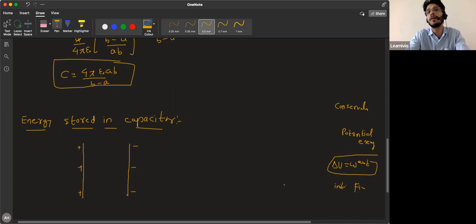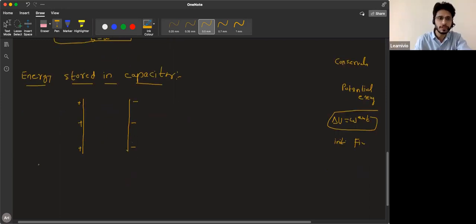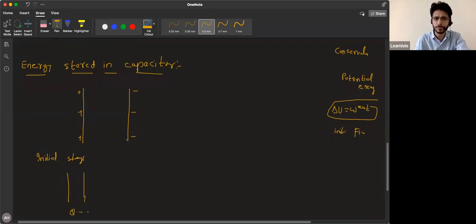When the capacitor doesn't have any charge, there is no charge over the plates, Q is equal to 0. And the final stage is when your capacitor is fully charged, with positive charge on one plate and negative charge on the other. Charge is maximum, Q is equal to Q. So this is initial and this is final. The work done in carrying your capacitor from this initial stage to the final stage gets stored in it in the form of potential energy.